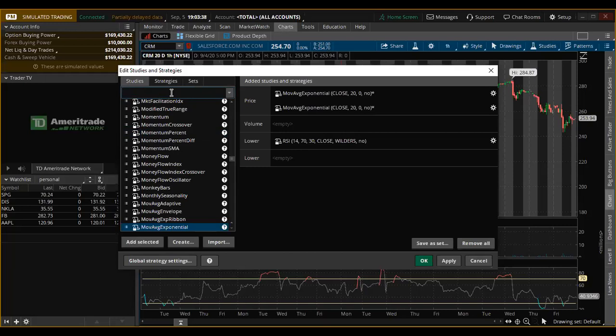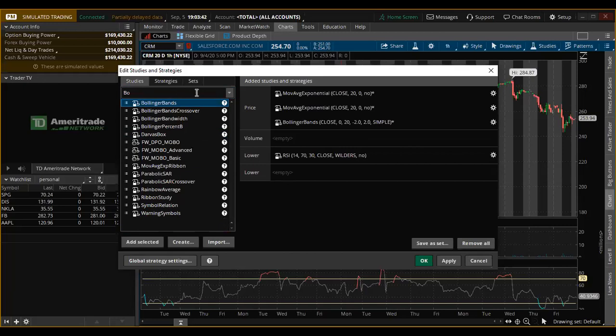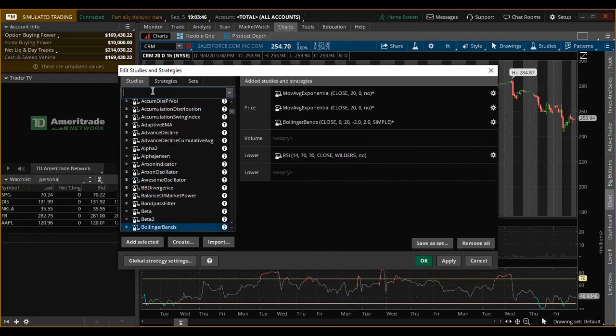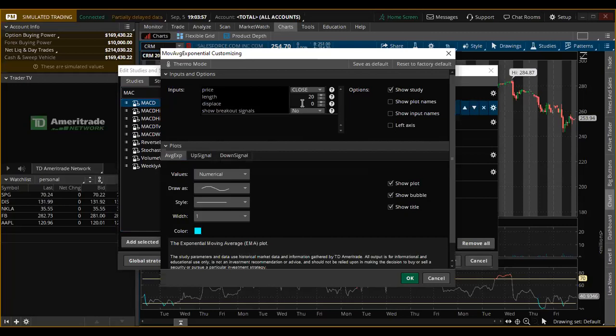Then I add in my Bollinger Bands, my RSI, which is already on there, and then my MACD. Make this 200, change the color.